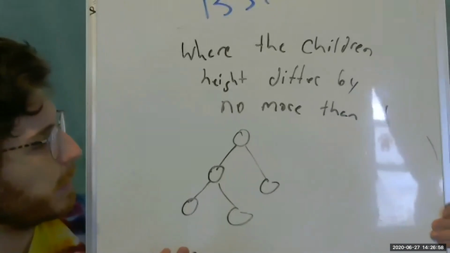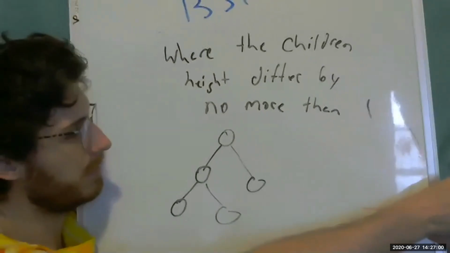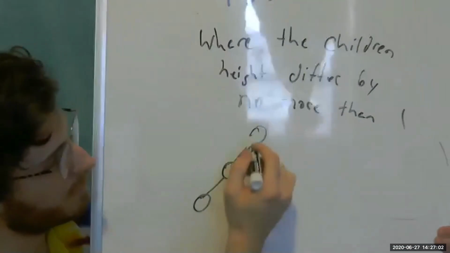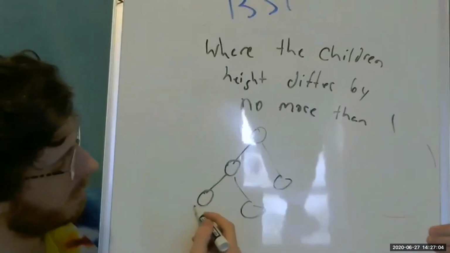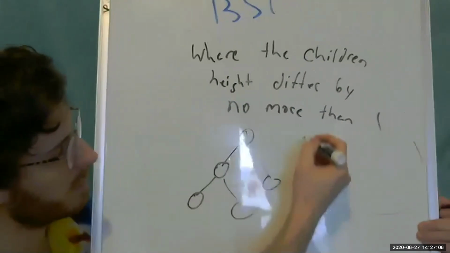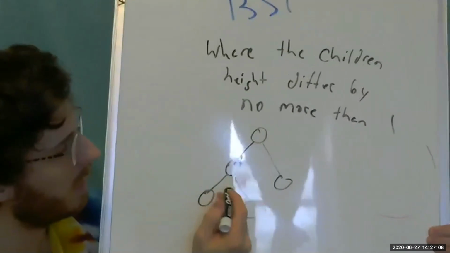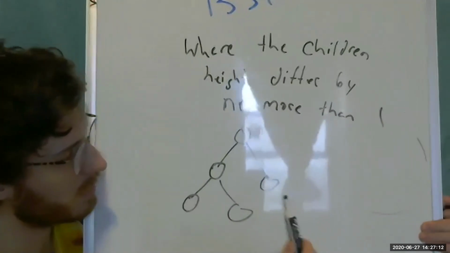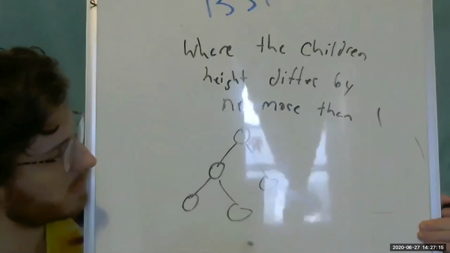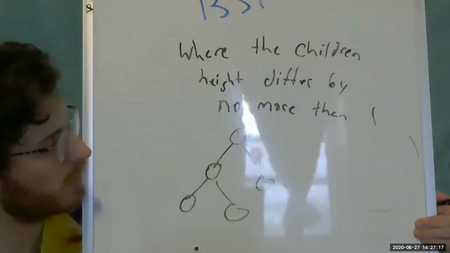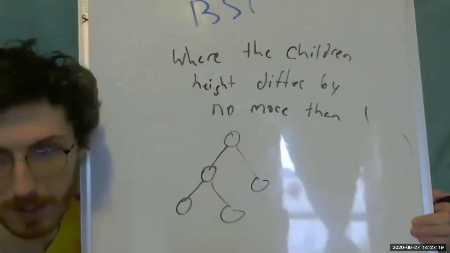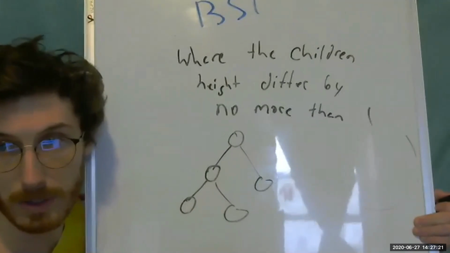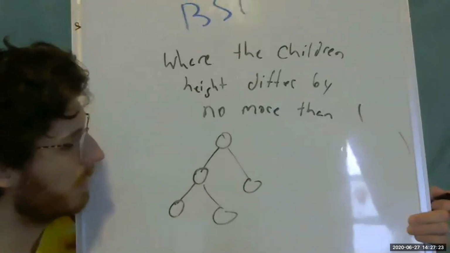This is balanced because the height for this one, we have a 2, we could say, right? And a 1 here. So that's a difference of 1. And we also have to check the subtrees for everything else. So this is a difference of 0, difference of 0, difference of 0, difference of 0. So just the 1. Okay, let's try another tree to see if it's balanced.